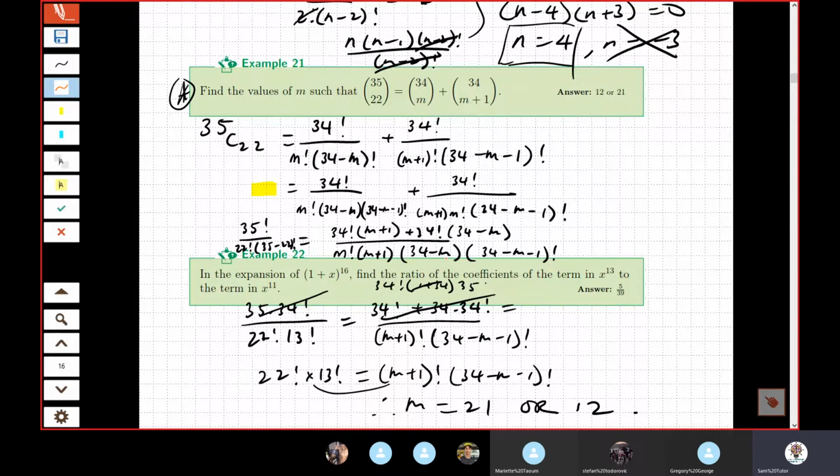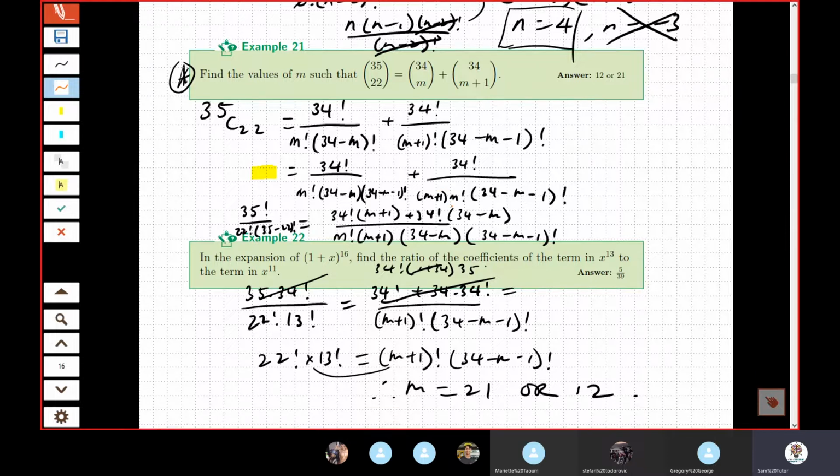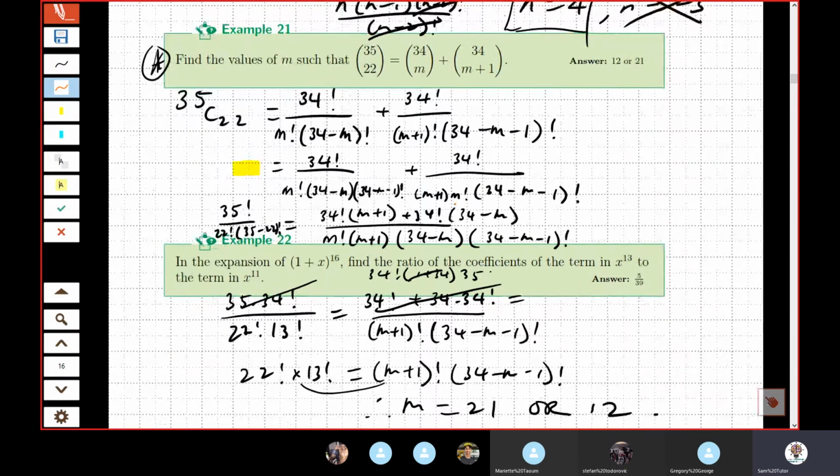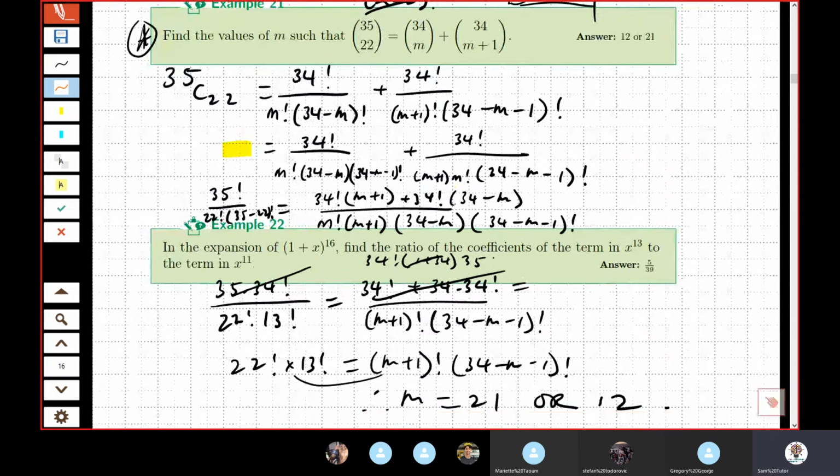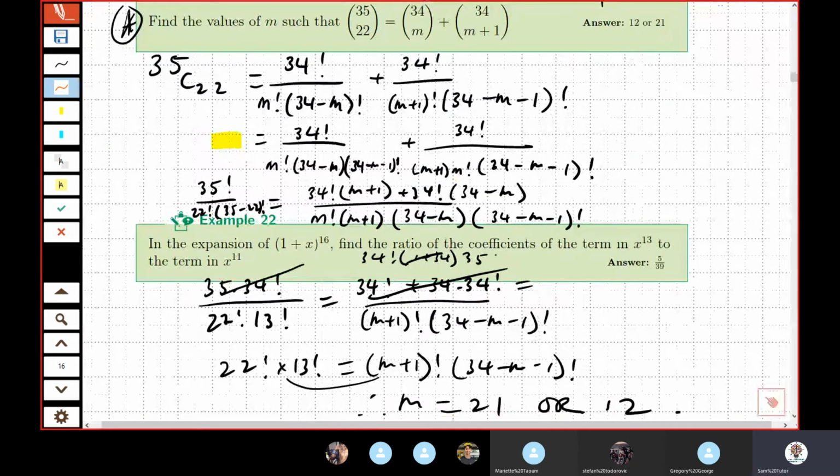All right, I'll let you guys first copy it down if you want to copy it down. I'll try to zoom in a little bit more, if that helps. Does it matter that in the second line, the factorial after m plus 1 disappeared?